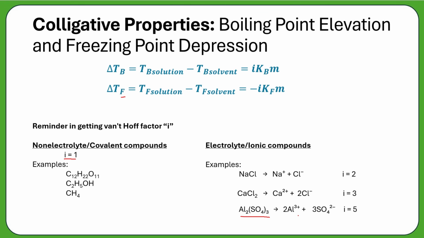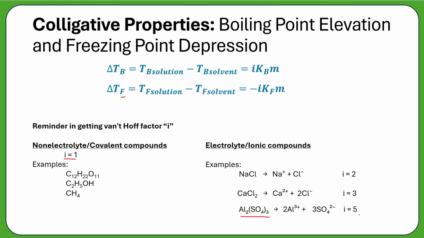The 3 plus and the 2 minus, ignore those, because all we need to count is how many of them there are once we break them apart. There are 2 Als if we break them apart, and there are 3 groups of SO4. Remember, SO4 is counted as 1, so there are 3 of them. So how many i's do we have here? There are 2 Als and 3 of the SO4, so it's a total of 5 i. And that's how you get the i.